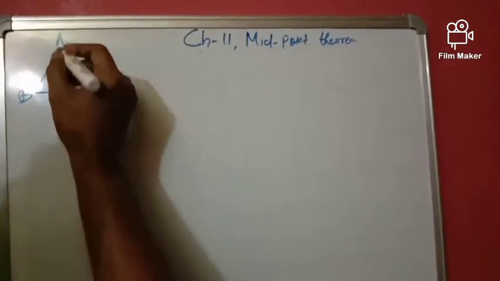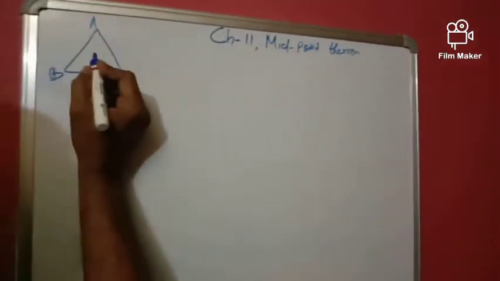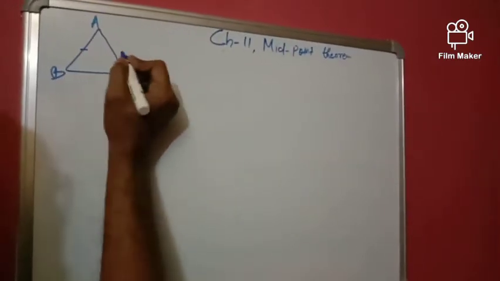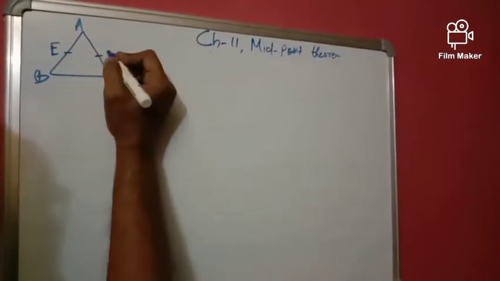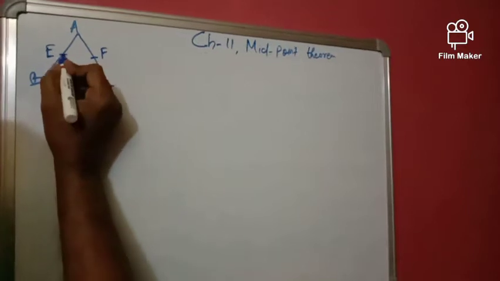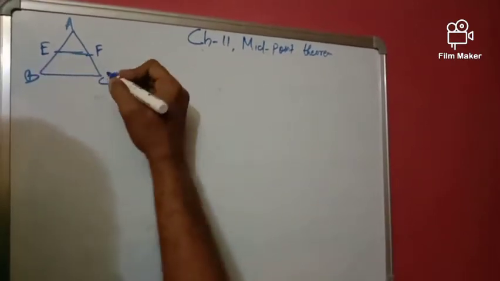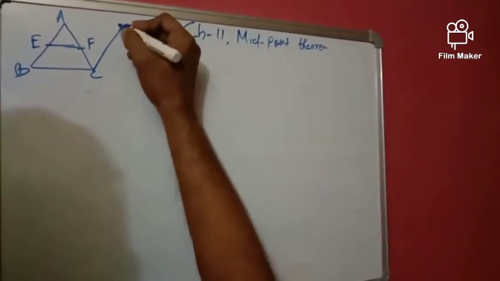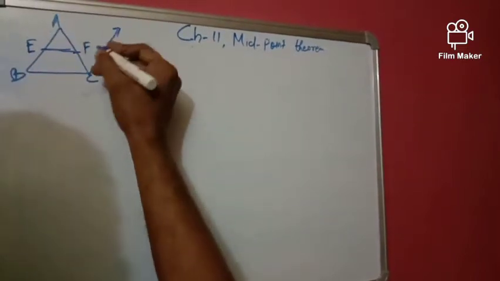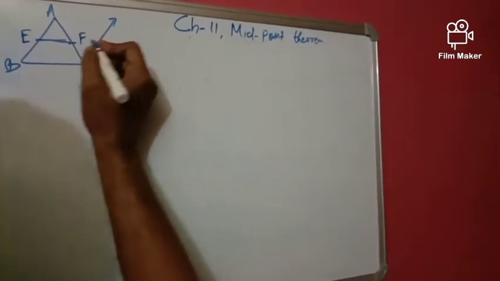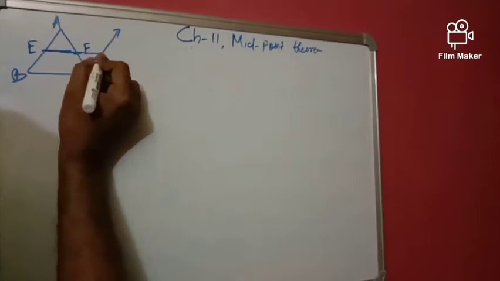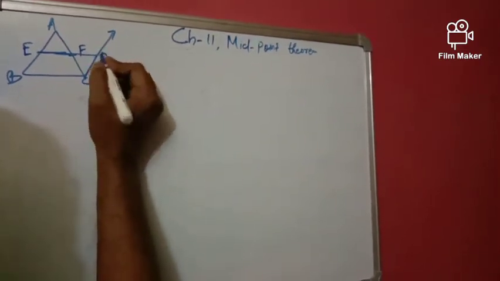So first of all, ABC is a triangle. E and F are the midpoints. Joining EF, from C draw a line parallel to AB, and EF is produced to D.